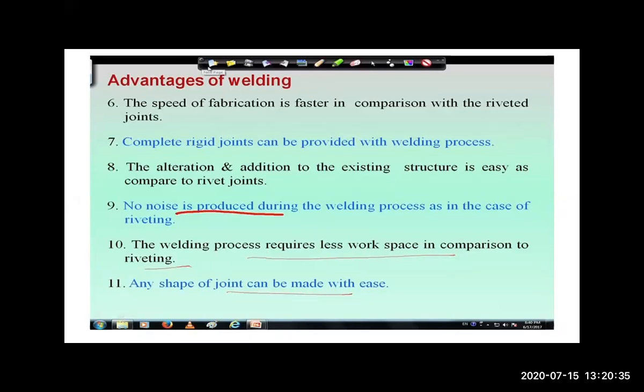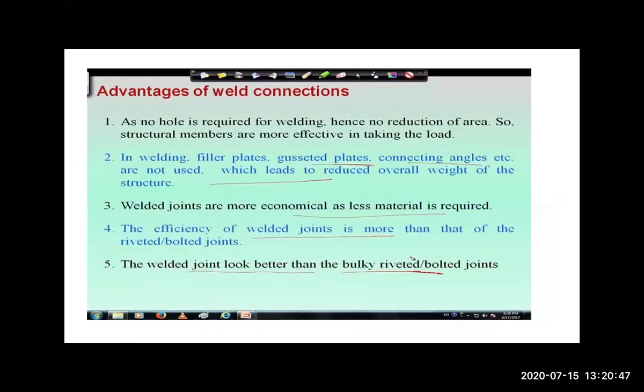Sometimes you have been asked in earlier examinations to write down the advantages and disadvantages of welded connection. So simply write down all the advantages of the welded connection.